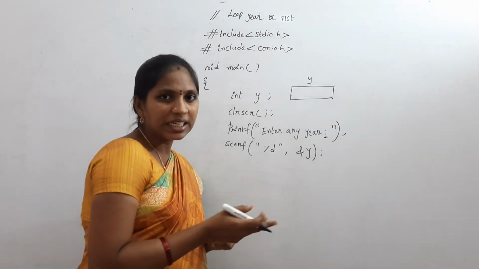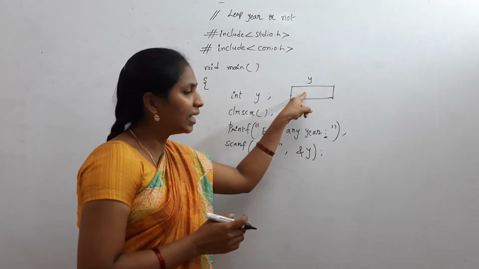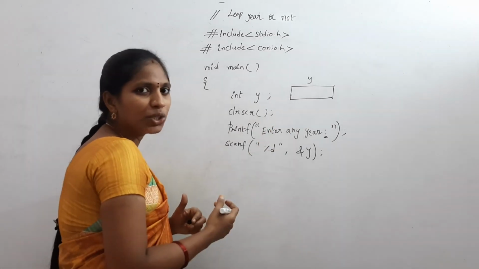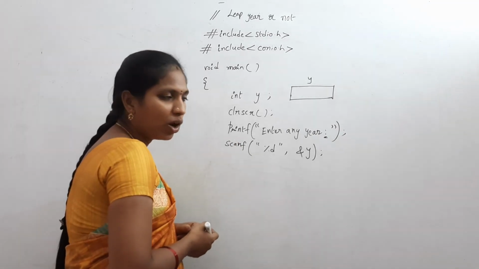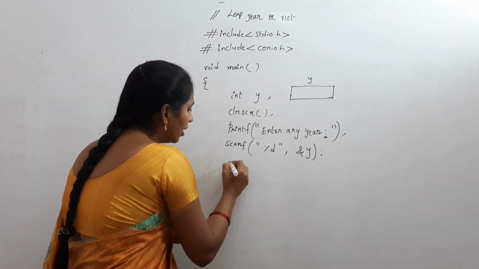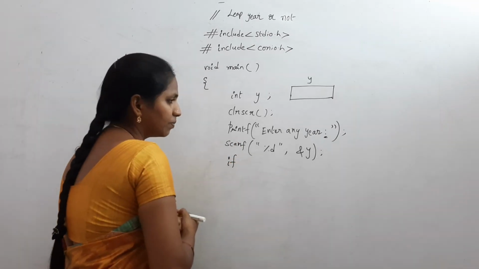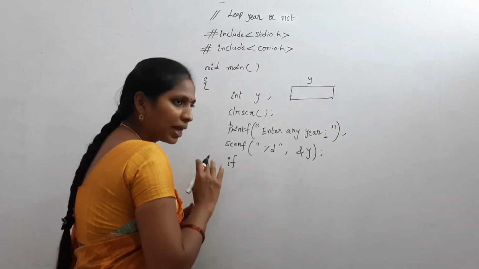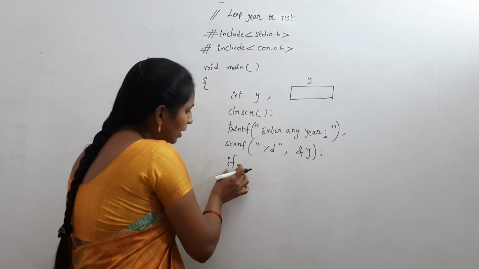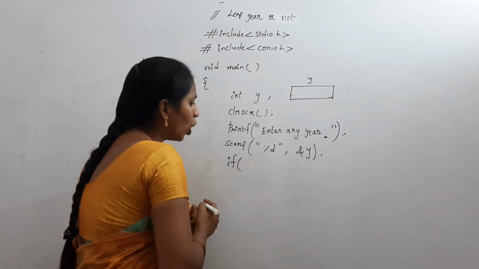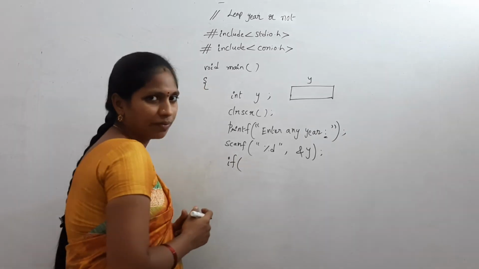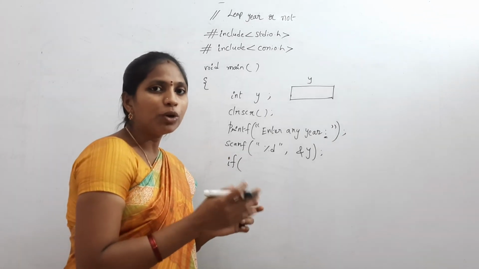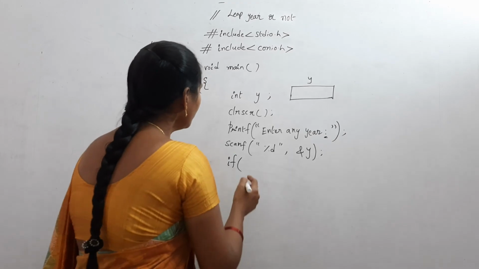For suppose I entered 1900. That 1900 is placed in this memory location. After that, write the condition to check whether the given year is a leap year or not. Here, use the if control structure. If is a keyword; keyword means a reserved word in any programming language. Small letters, if, within normal brackets write the condition. First of all, I want to check whether the given year is a multiple of 100 or not.